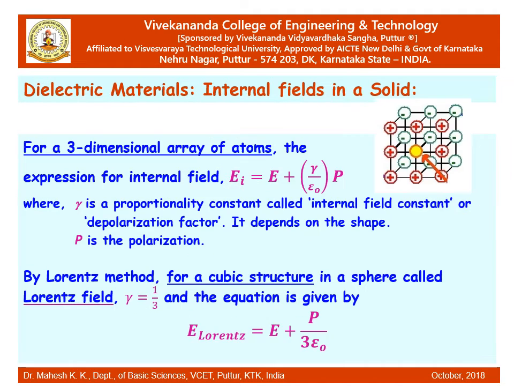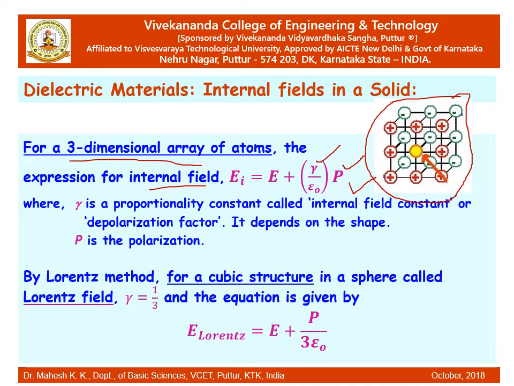Similarly, for a three-dimensional array of atoms, as you could view here in the cube, the expression for internal field is E_i equals E plus gamma by epsilon naught into P, where gamma is the proportionality constant, also called the internal field constant or depolarization factor. It depends on the shape, and P is the polarization.